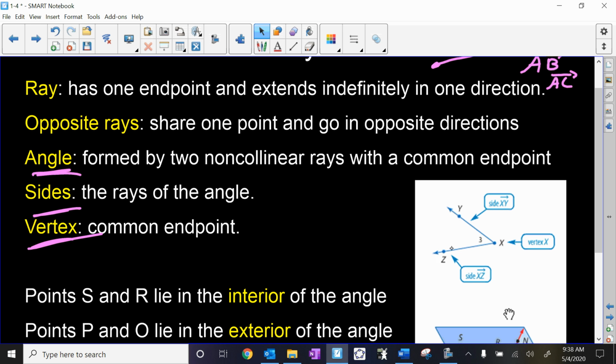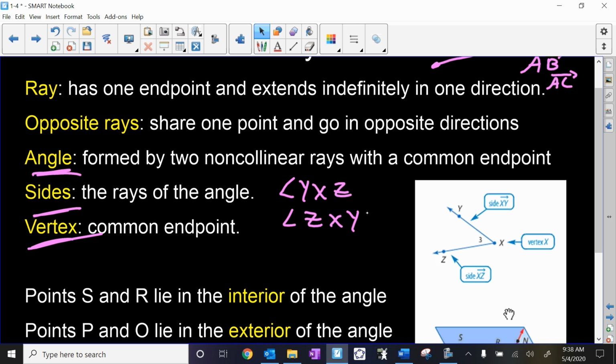There are 4 ways that we can name this angle in this particular example. I'm going to show you how we can name all the different ways. One way is to use 3 points. So for example, I can say angle Y, X, Z, or angle Z, X, Y. Notice which point is in the middle.